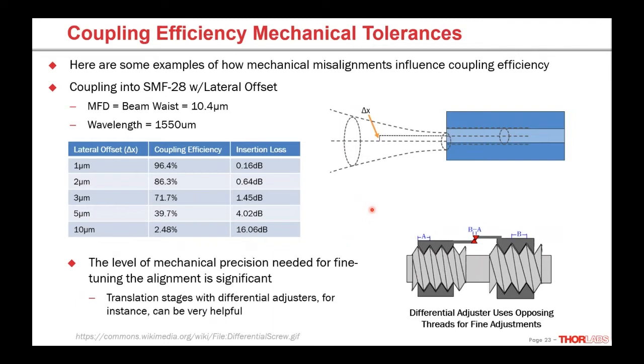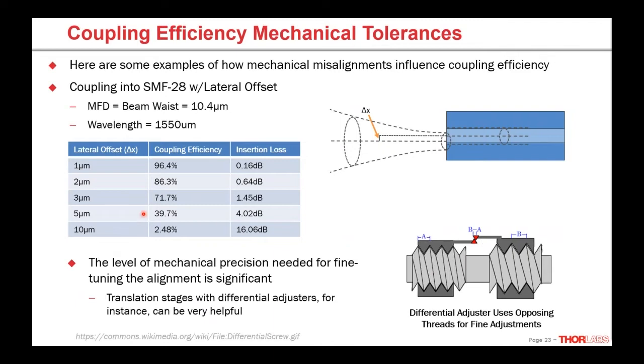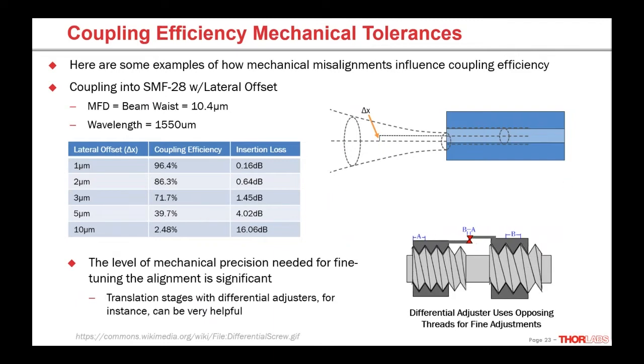I personally like those a lot for aligning single mode fibers because you can make very small mechanical tweaks. But yeah, it's very hard. If you're off by only a few microns, coupling efficiency really suffers. So we need very fine ways to fine-tune that alignment. We're going to talk about that again in a few slides.